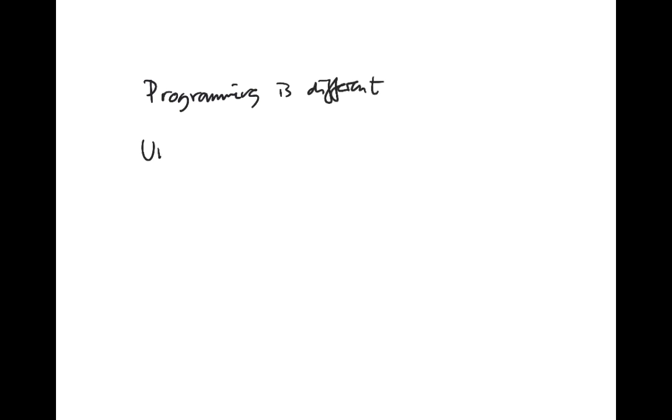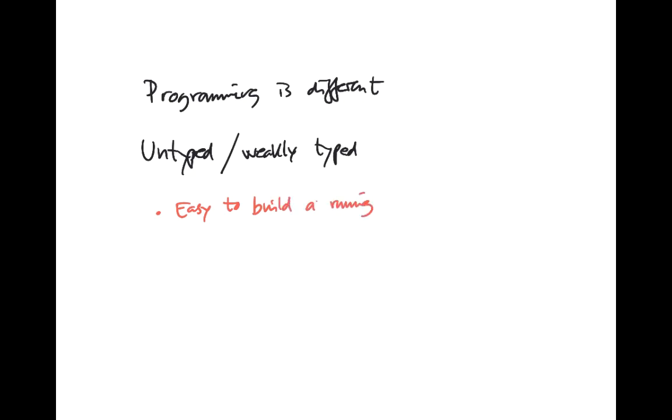In an untyped setting, or a weakly typed setting, such as Python or C, what happens is that you can very easily, or well, comparatively easily, build a program. You can build a running program, but then you spend time testing and debugging.